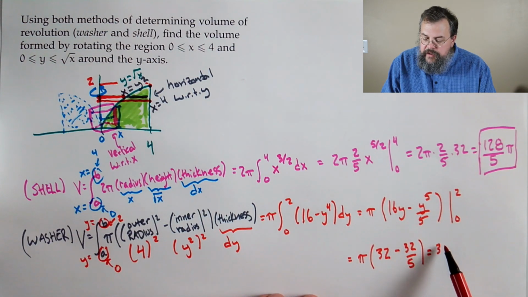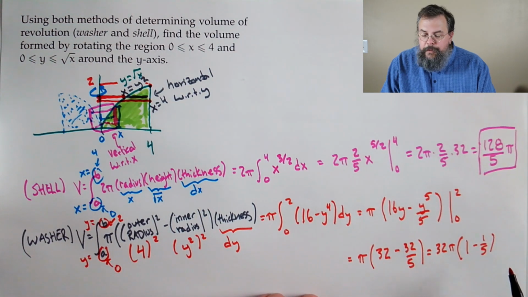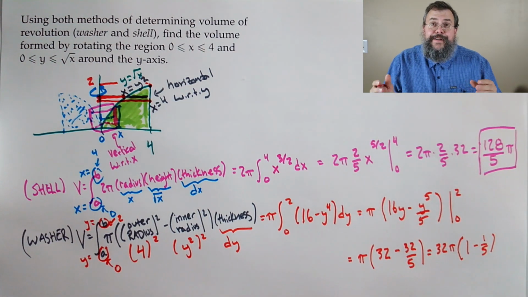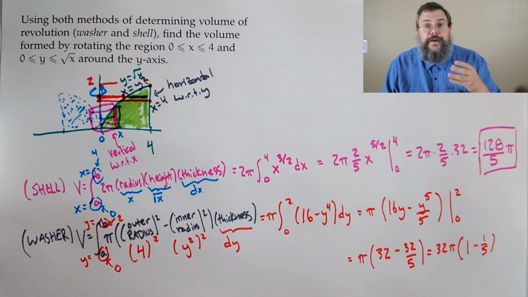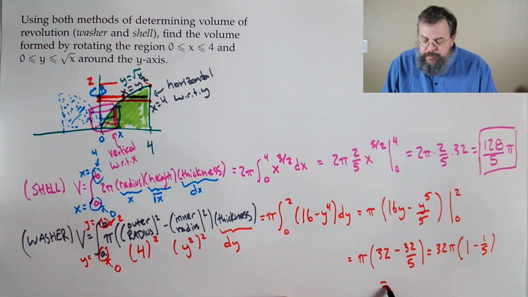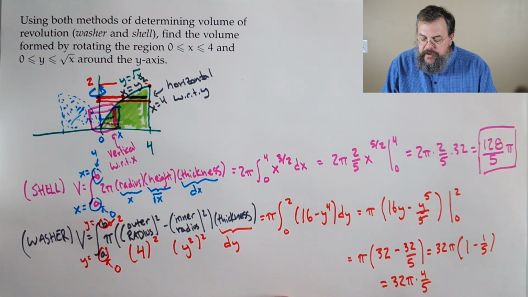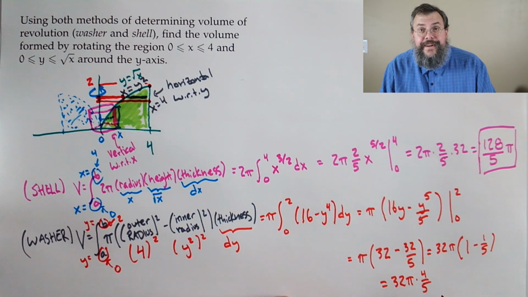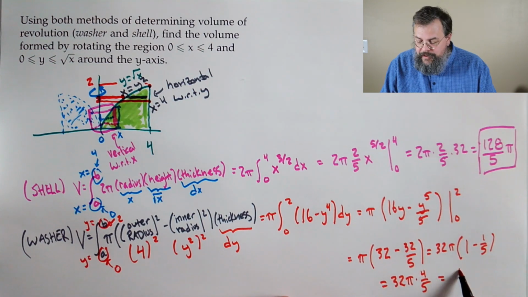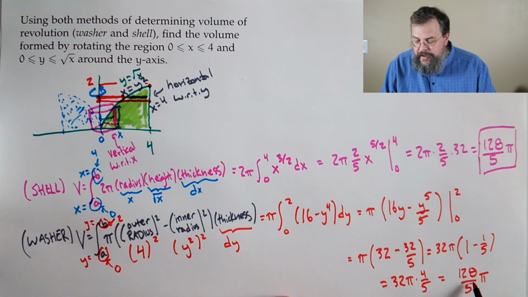So I can think of this as 32 pi times 1 minus a 5th. Well, 1 minus a 5th is 4/5. So this is 32 pi times 4/5, and 32 times 4 is 128. So this gives us 128 fifths pi.